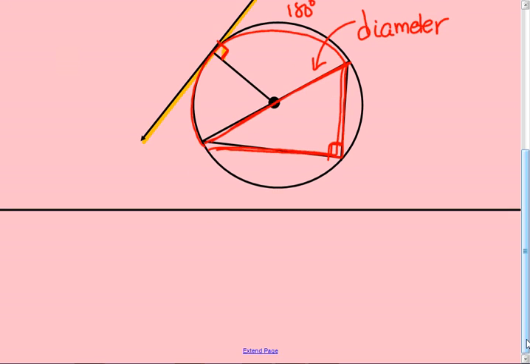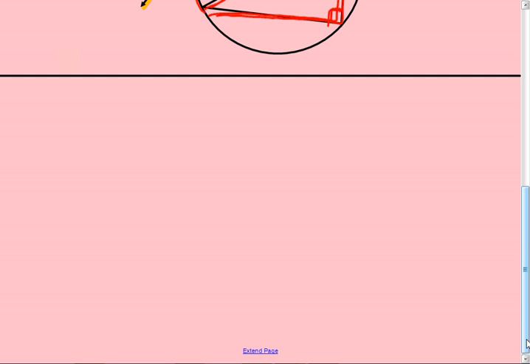Do you remember the triples? Because I think it might be good to talk about this. Remember a 3, 4, 5. I'd write those down.